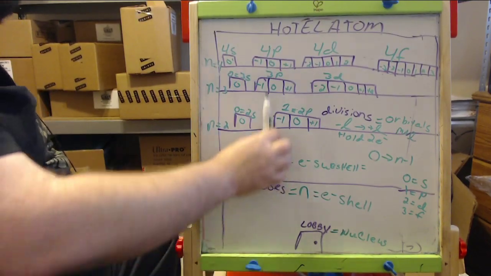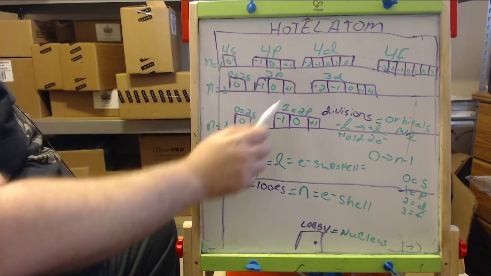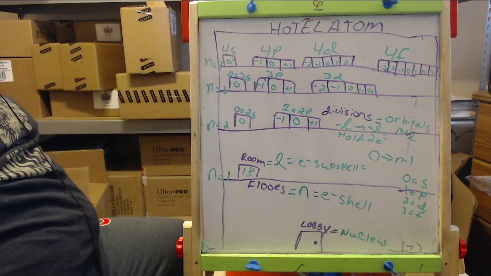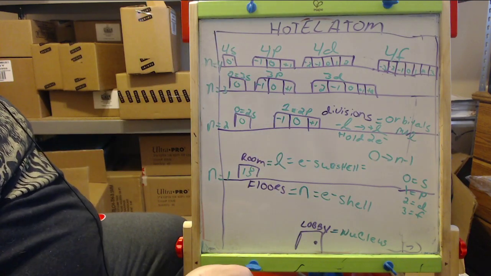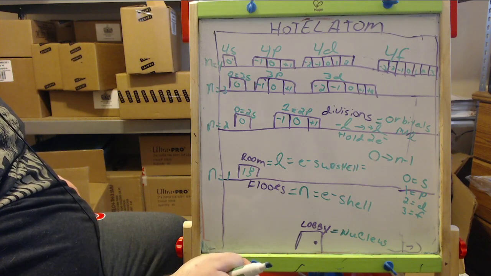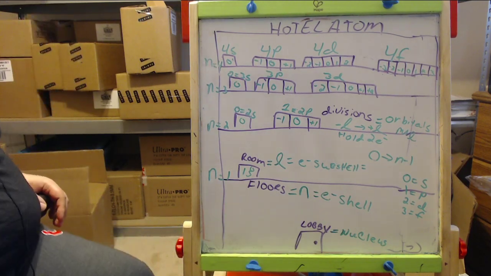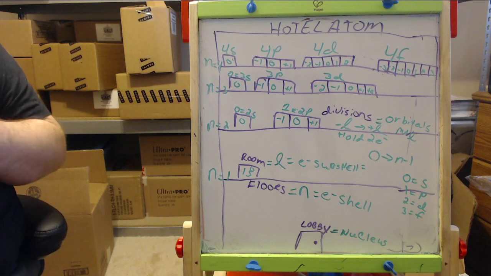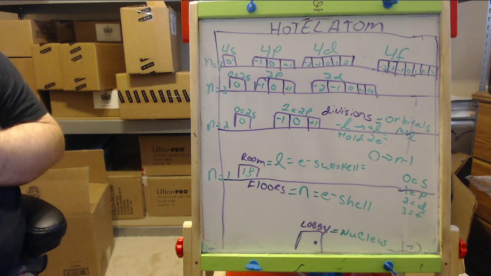So this is why as we get further away, we get more energy. Questions on this? So those are 3 of the 4 quantum numbers. We'll talk about the 4th one in a second.